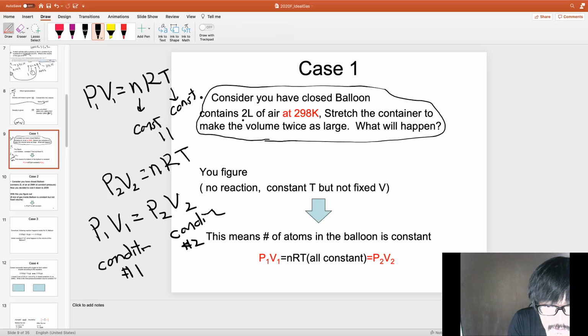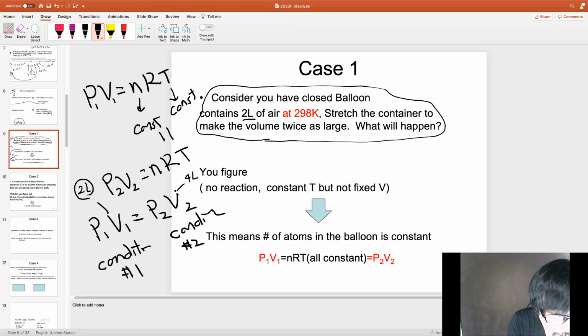So it starts out with 2 liters, right? And then you want to change this to 4 liters. The pressure right here, you can actually calculate this pressure. Maybe you don't, but you have this pressure, right? And then what's going to happen here?